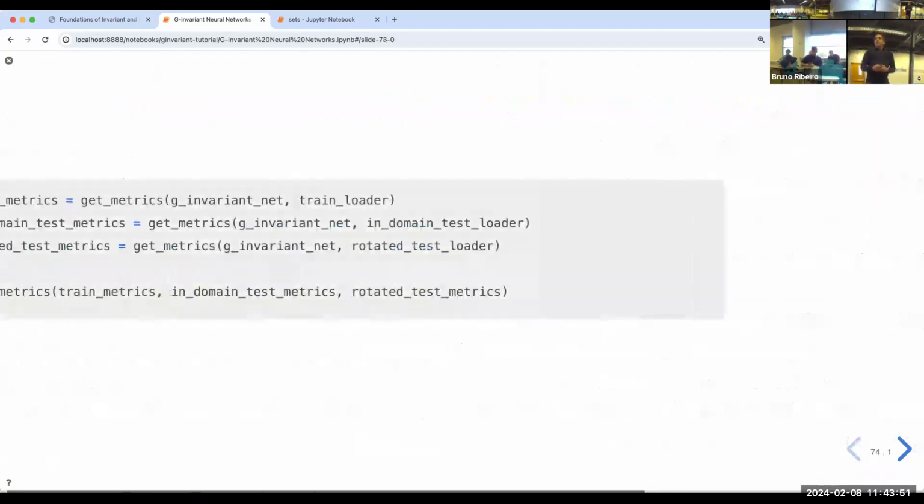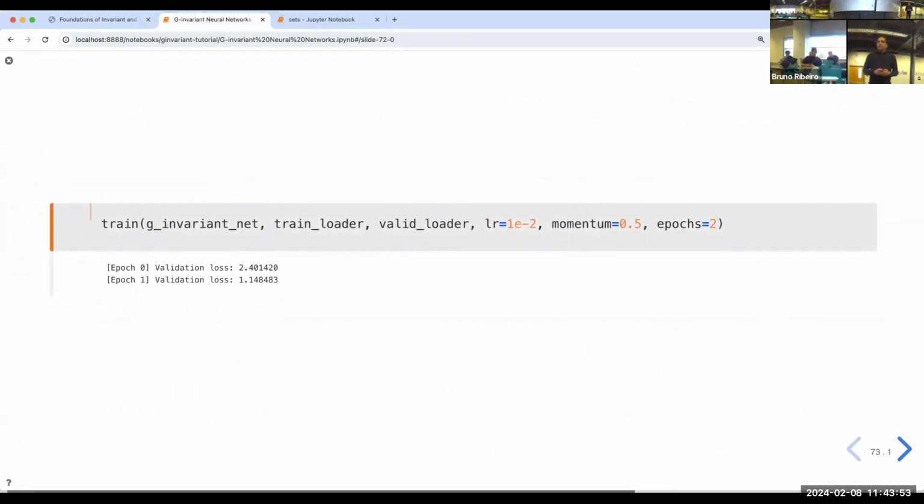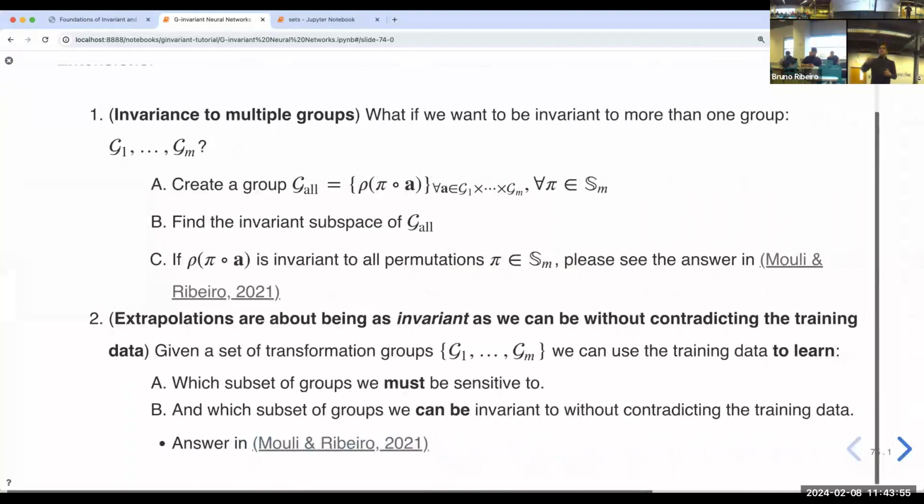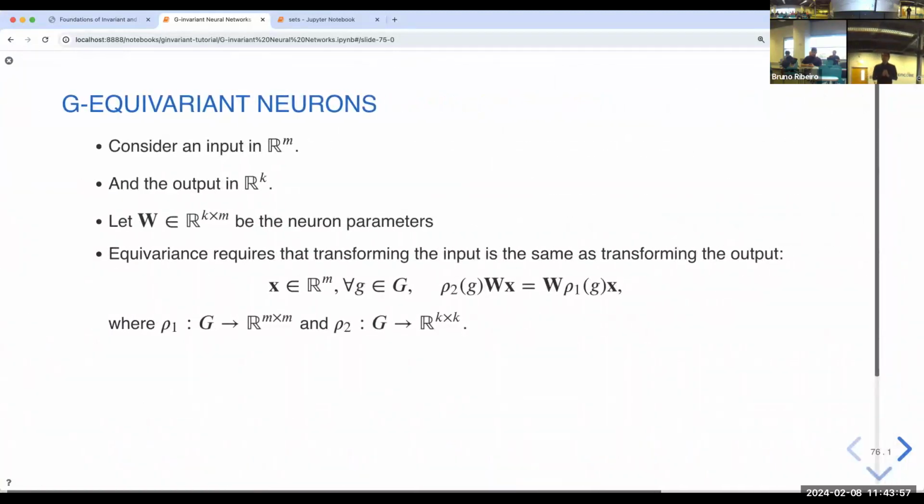Okay, I think we are done here, I hope, not yet. So let's talk about equivariances. G-equivariant neurons, we are going to do this, right? The property that we want is such that if I multiply, I get my parameters. Now my parameters, I'm not just looking at one neuron, I'm looking at a set of neurons, right?